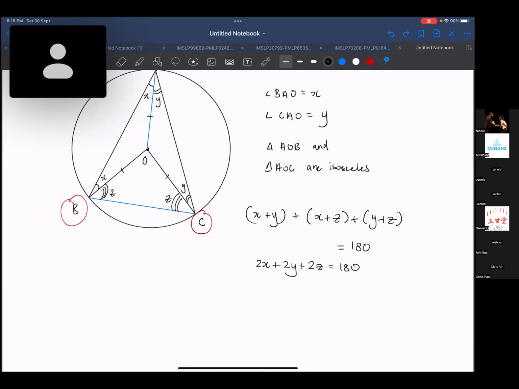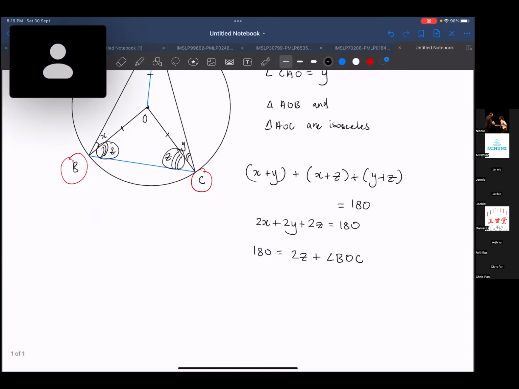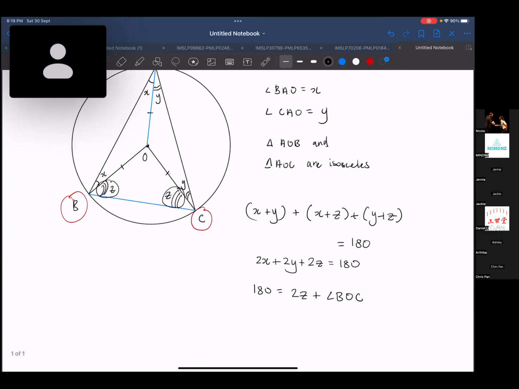So now we can construct a second equation. We get 180 equals 2z, because we have this angle here and this angle here, plus the angle at O, which would be angle BOC. Well, we know from the previous equation that 180 equals 2z plus 2x plus 2y.